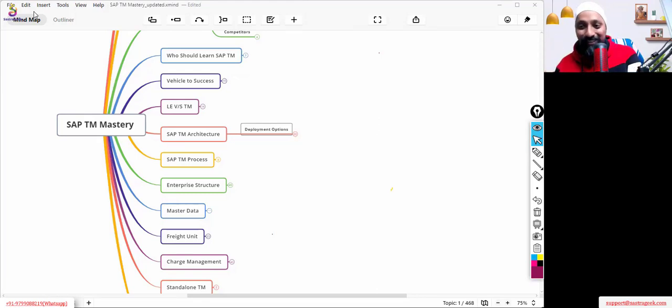Okay, so there's more confusion in it. I will clear it in the next chapter in the next class. Standalone would have its own business requirement, and we need to go for standalone. But standalone is also TM 9.6 or S/4HANA embedded TM as a standalone. I would be answering that in the next session, Supreet. Next session, next Sunday.